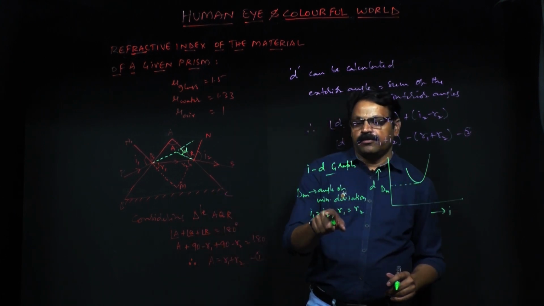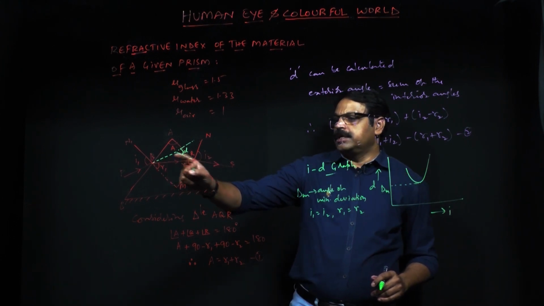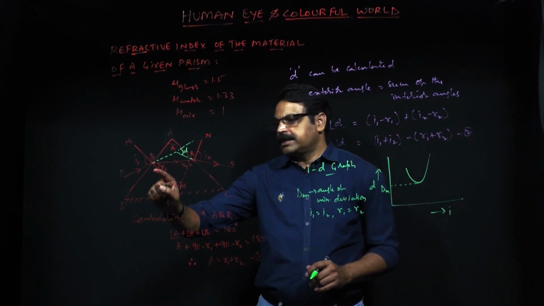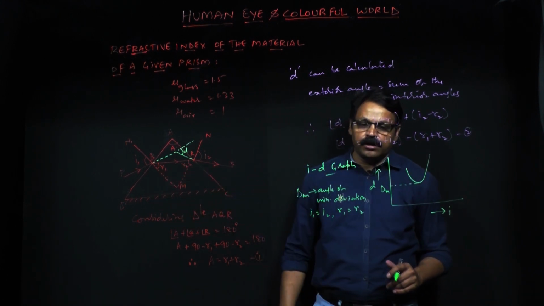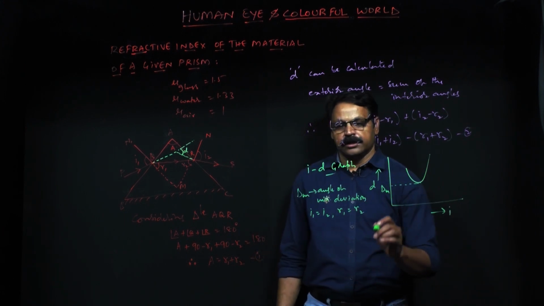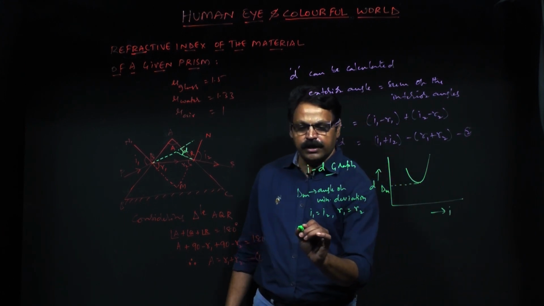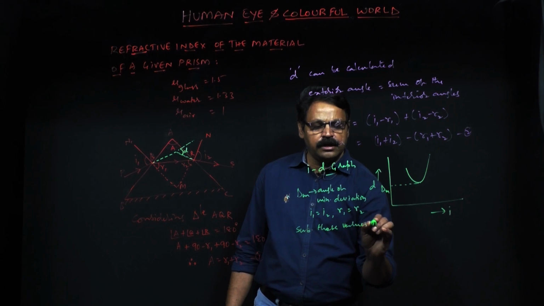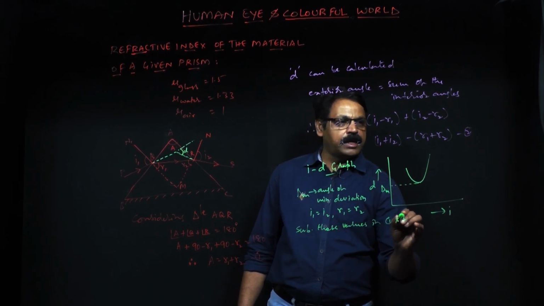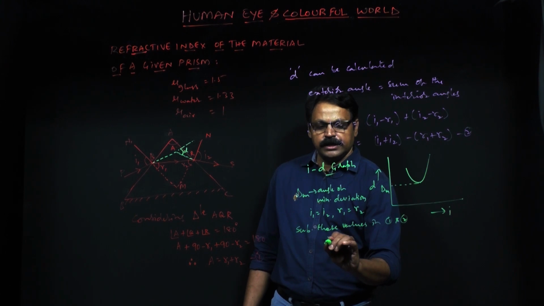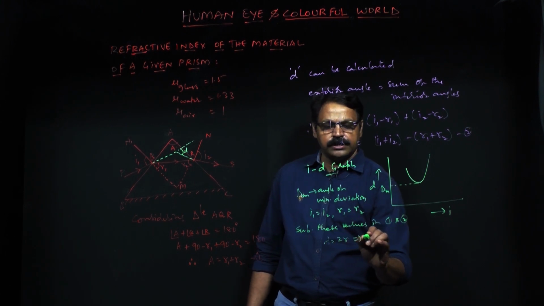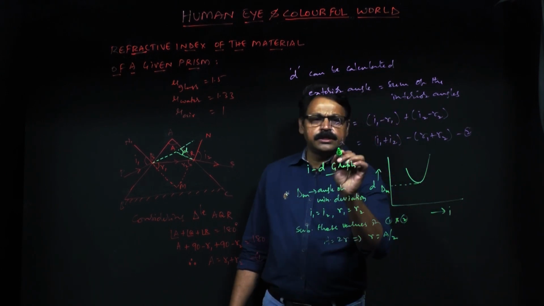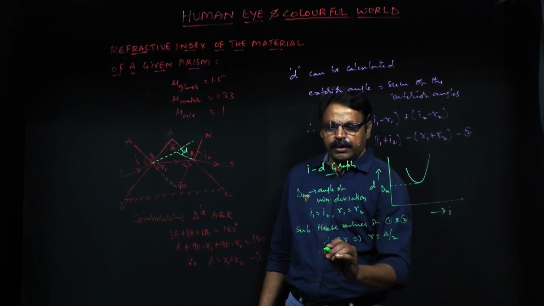This is the condition where I1 and I2, that is the angle of incidence and angle of emergence, become the same, and the angle of refraction at the first surface becomes equal to the angle of refraction at the second surface. Therefore, substituting these values in equations 1 and 2, I will get A is equal to 2R, which implies R is equal to A by 2, and this angle is now the minimum deviation angle.